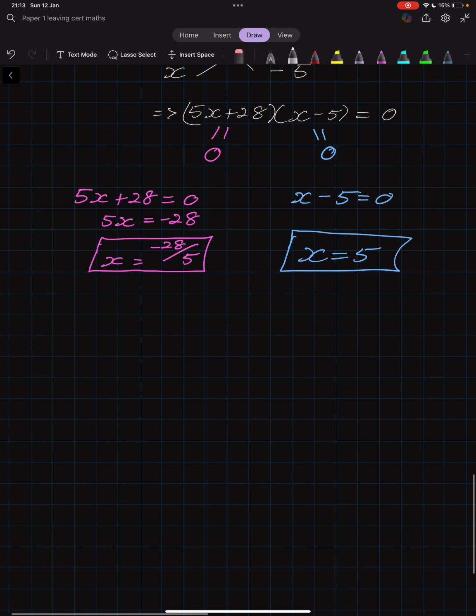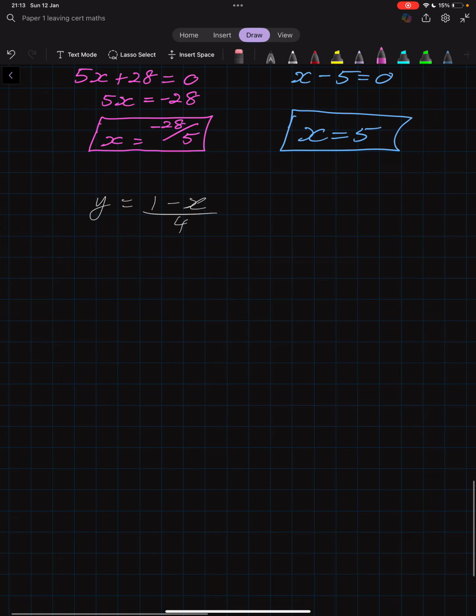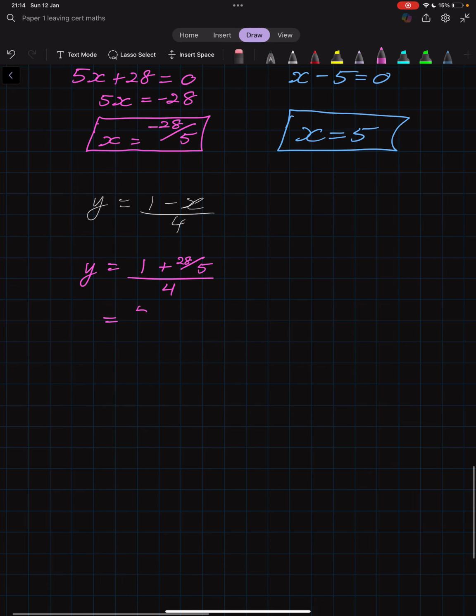So if x is equal to minus 28 over 5, we get that y is equal to 1 minus minus 28 over 5, so plus 28 over 5, all divided by 4. Multiply the top and the bottom by 5, so we get 5 plus 28 over 20. So y is going to equal 33 over 20.